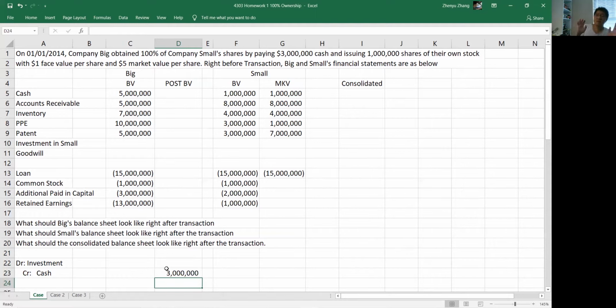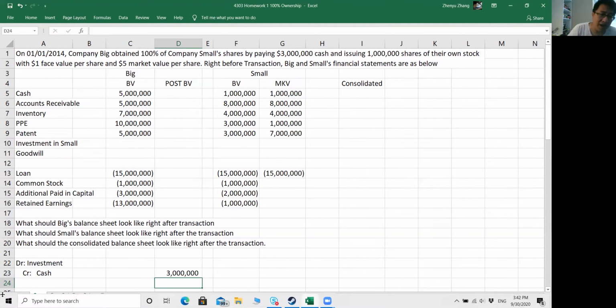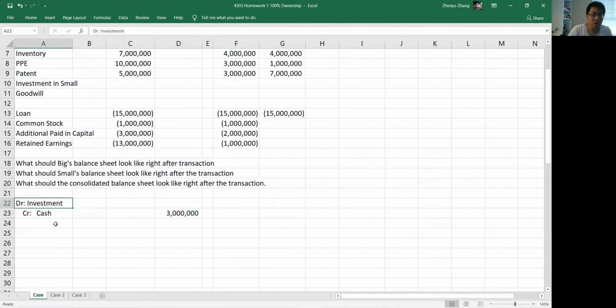So by talking about this, we know that Big issuing those shares means there's no income and no expenses, but there's equity, because Big has more shares outstanding. So what is the value of the shares issued? Two things.